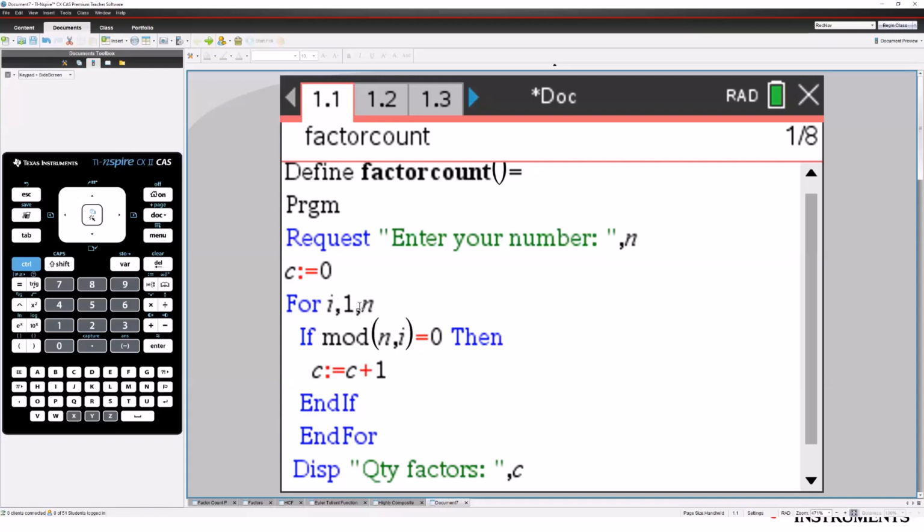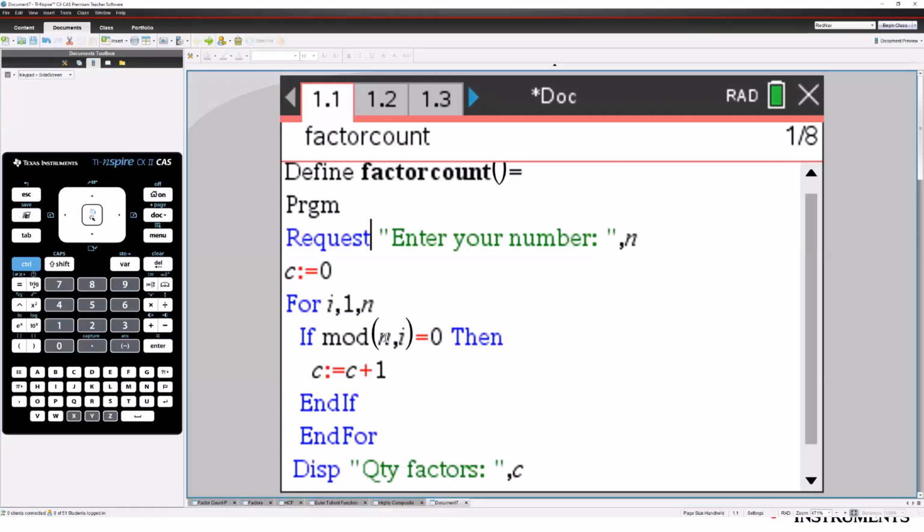So for those who haven't experienced this for loop, and again that's syntax, but a very common one, it says that I will equal 1, I will equal 2, I will equal 3, I will equal 4, all the way up until it gets to n. So in here, we're saying, when I say mod, say the remainder, what's the remainder when my number is divided by 1?